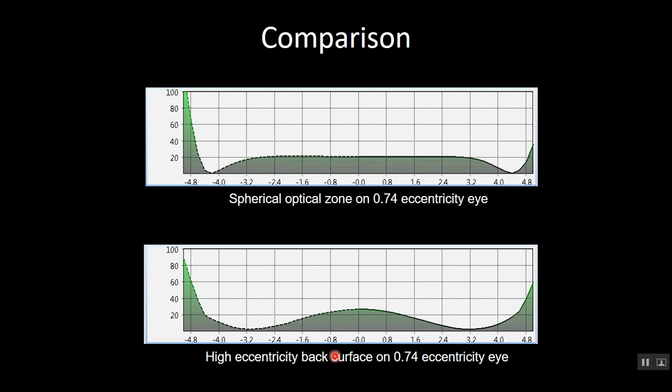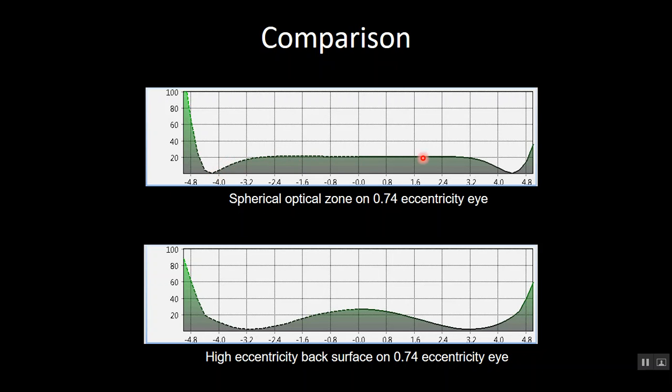Another component is when we use a spherical optic zone on a high eccentricity cornea, a normal prolate cornea with a high E value. This is the typical shape of the eye, high eccentricity, we have a lens that may land in an acute manner over a narrow surface area of bearing.